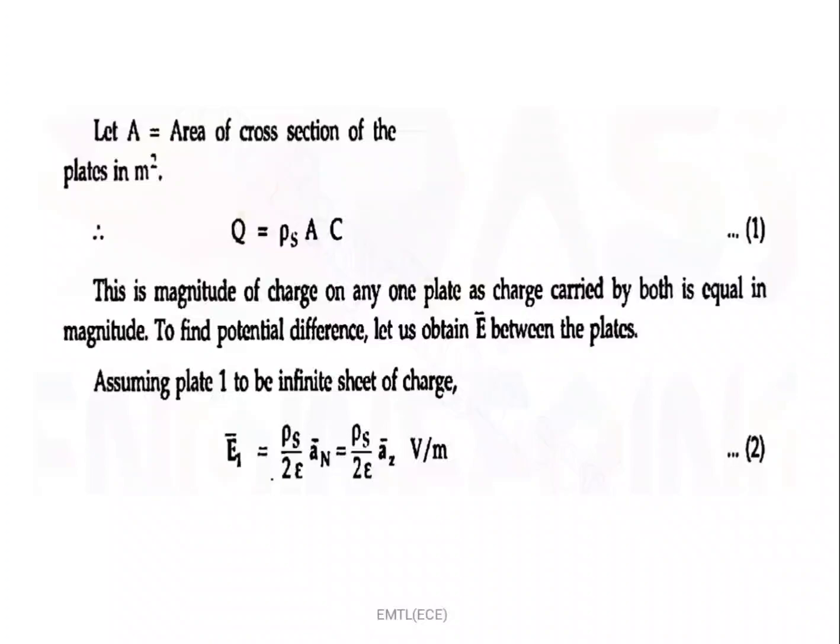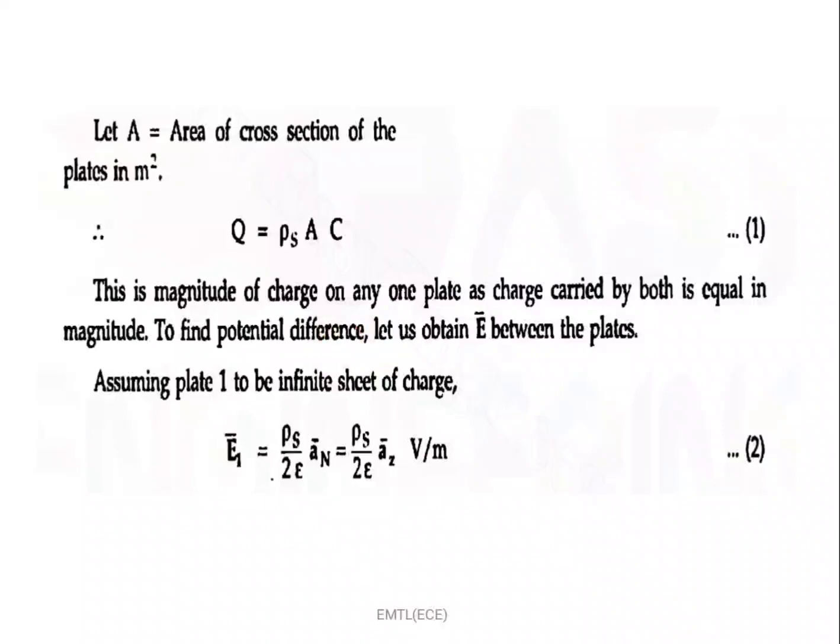In place of ds we write A, because the area of the plates is taken as capital A. So the expression for charge in the case of surface charge distribution is Q is equal to rho s A coulombs. This is the magnitude of charge on any one plate, as both carry charge in equal magnitude.